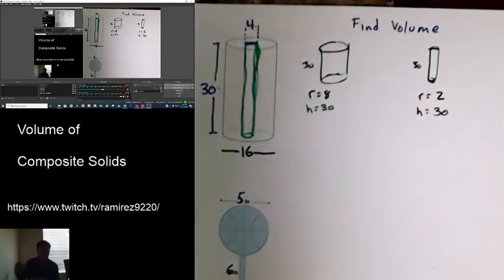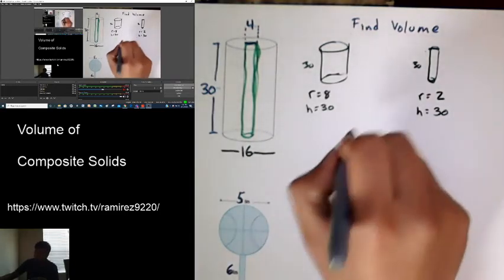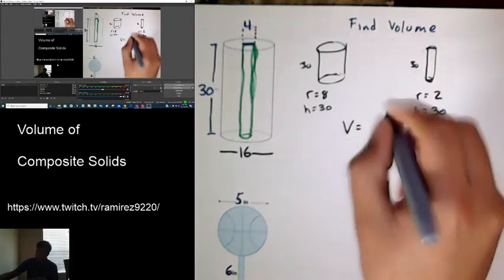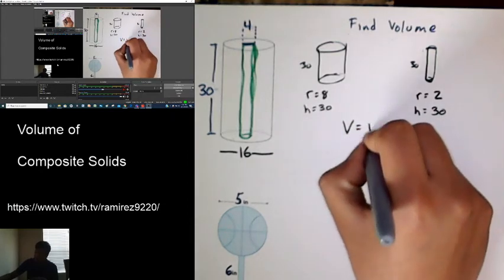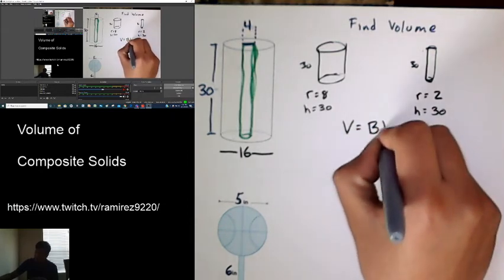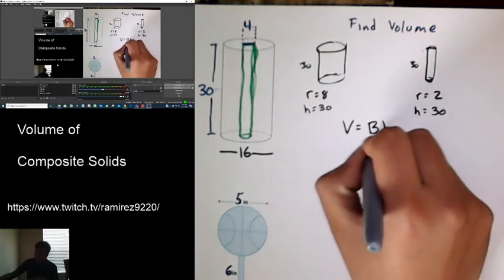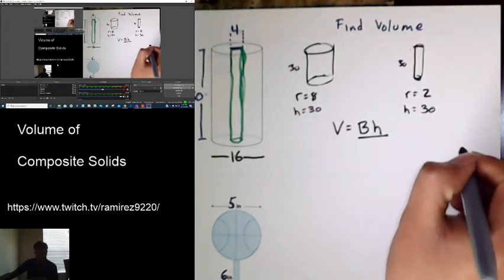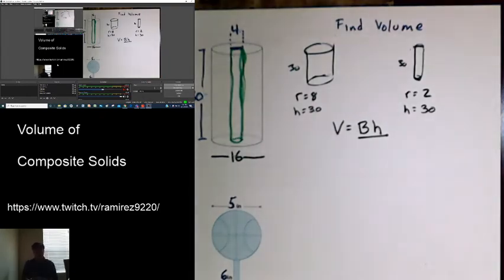According to the formula for volume, if it's a cylinder, volume is the area of the base times the height. That's it. Volume is area of the base times the height. So we just substitute now.